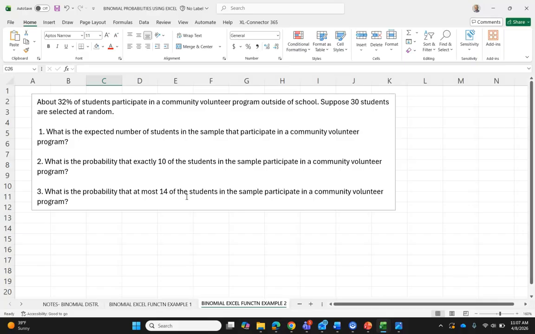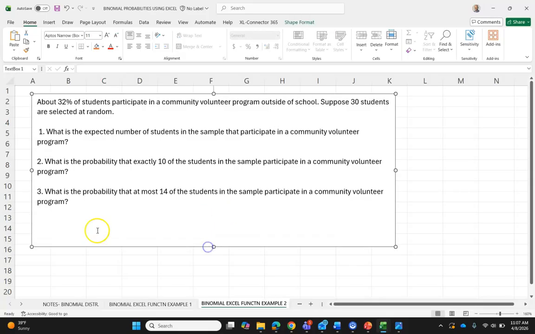I will add more to this section so that we can learn more than having exact and at most. So let me add more here. So let's go to 4.